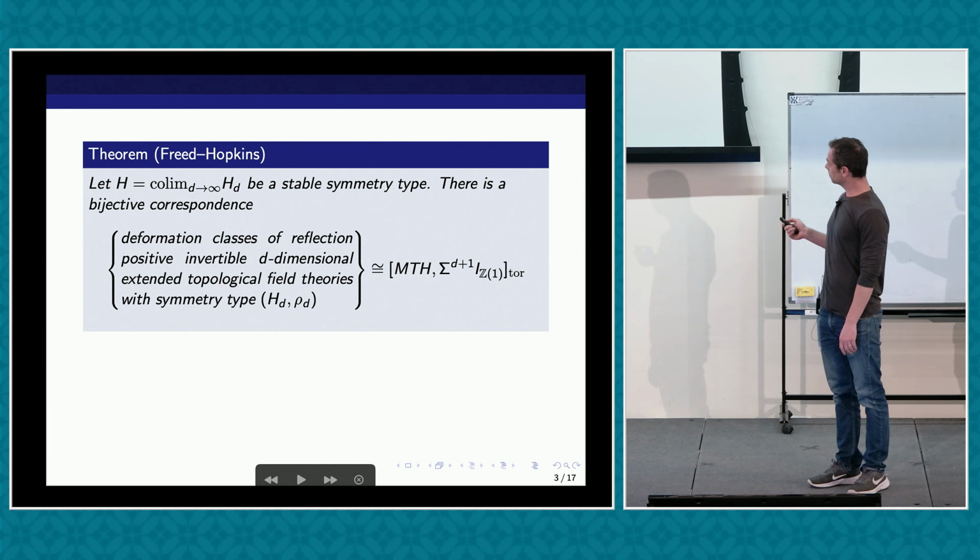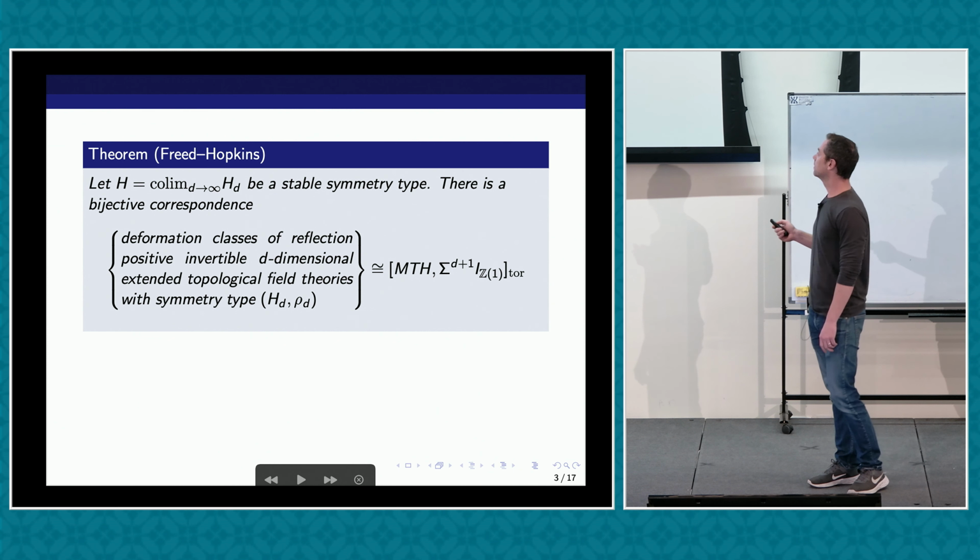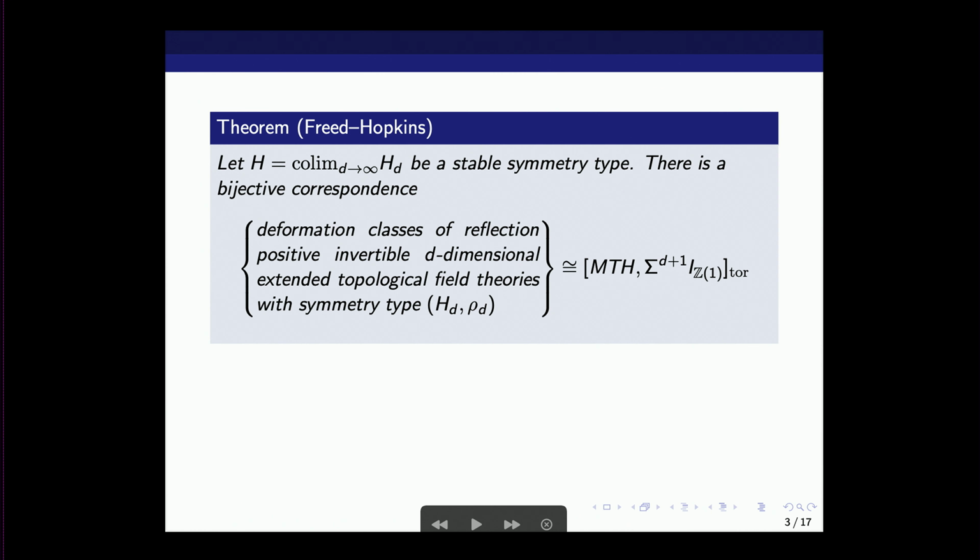If you take the torsion subgroup of this gadget, which is some fancy cohomology of the Thom spectrum that I'll talk about later, that gives you these deformation classes of invertible, reflection positive topological field theories. So that's their main theorem.